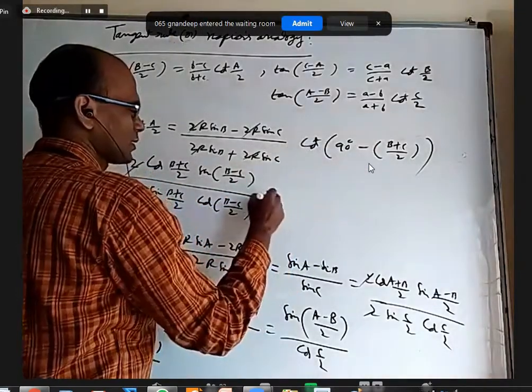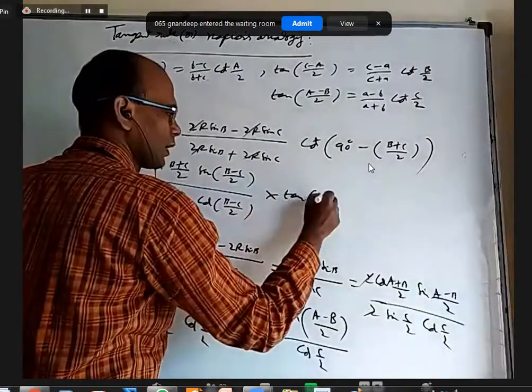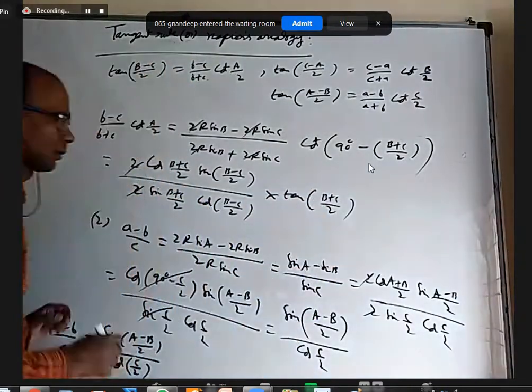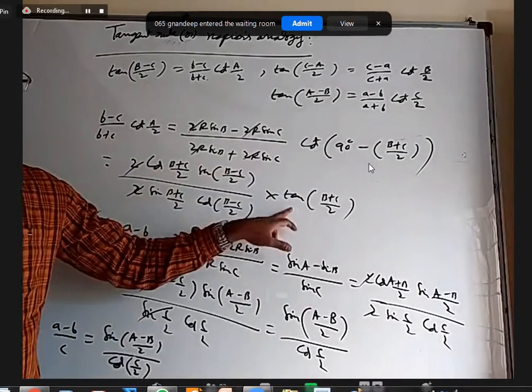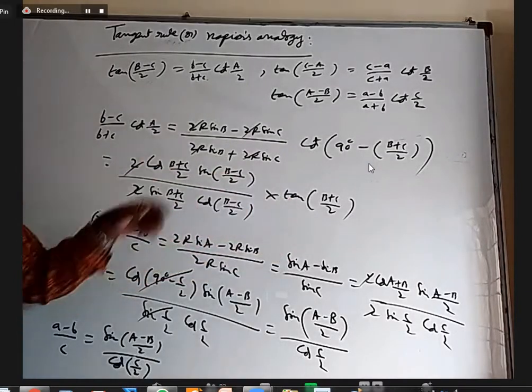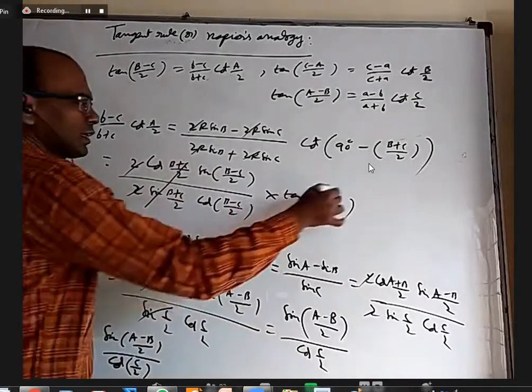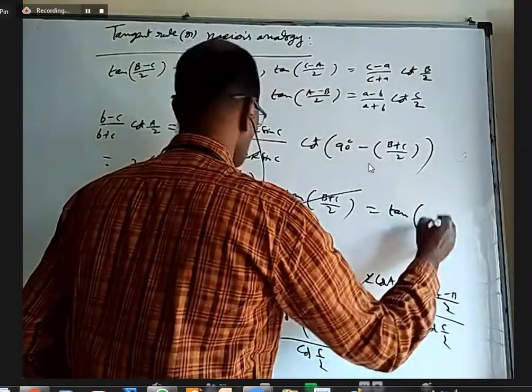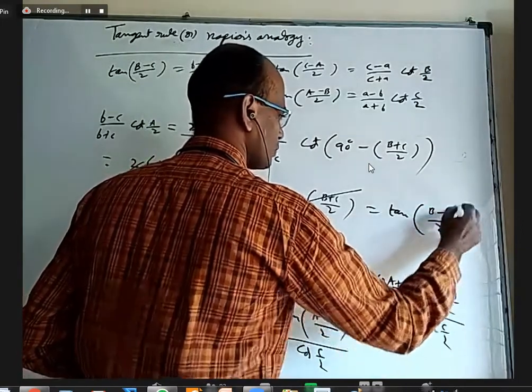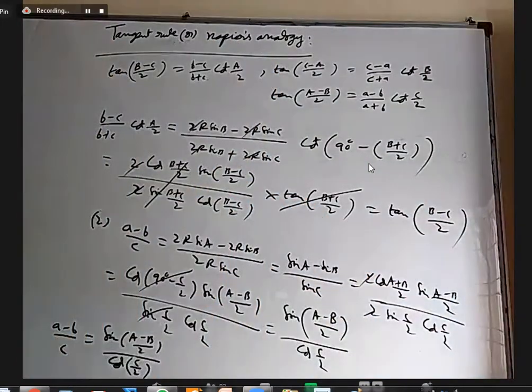Cot (90 minus theta) is tan (B plus C)/2. Writing cot as cos by sine and tan as sine by cos, the sines and cosines cancel, so this whole thing cancels with this. I'll be left with tan (B minus C)/2. That's it, the tangent rule.